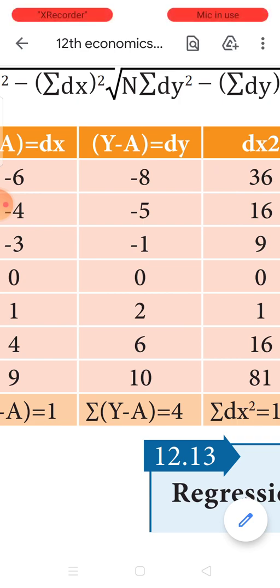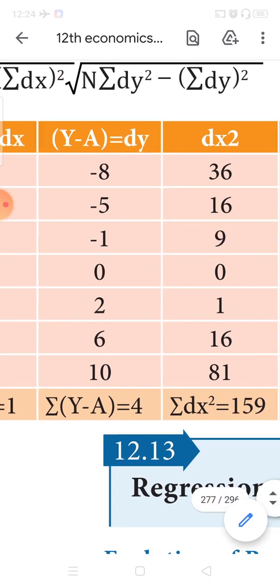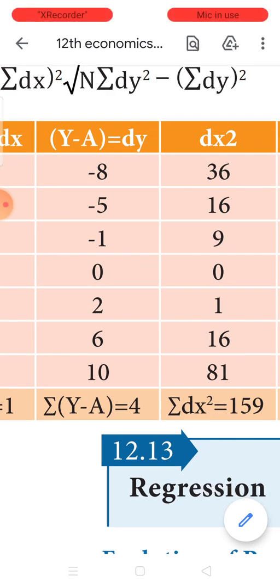Minus 3 into minus 3, it is plus 9. 0 into 0, 0. 1 into 1, 1. 4 into 4, 16. 9 into 9, 81. Now, we have got the values of dx square. Add everything. You will get summation sigma dx square. When you add 36 plus 16 plus 9 plus 0 plus 1 plus 16 plus 81, you get 159. Keep this value also because we need to substitute this in the formula.